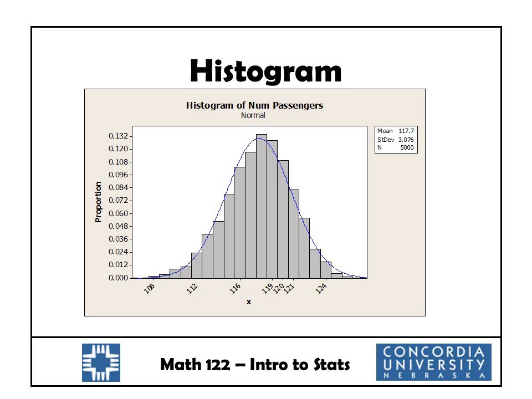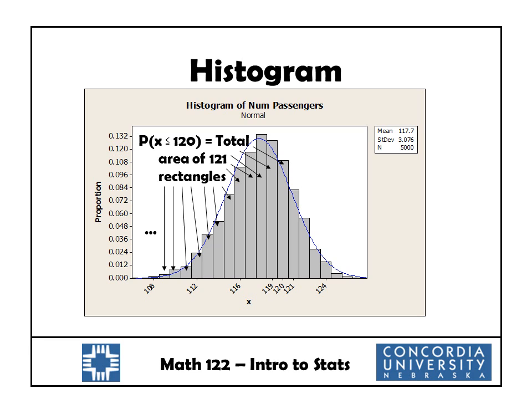120 or fewer people means that 120 show up, or 119, or 118, and so on and so forth. Well, in terms of these rectangles, that's the area of all those rectangles from 120 to 119 to 118 all the way down to 0.